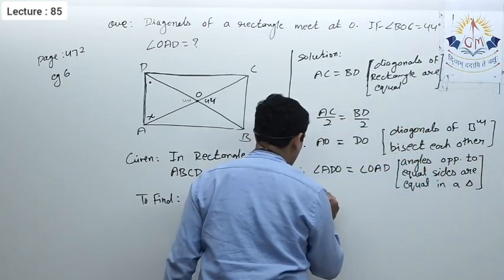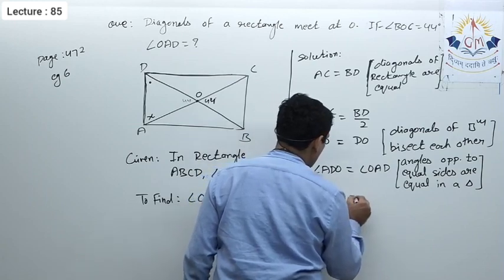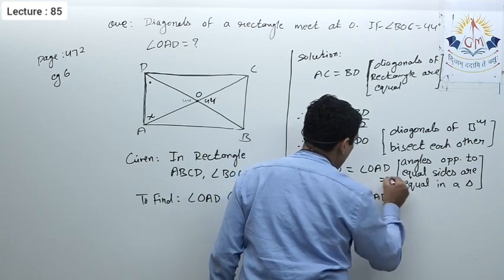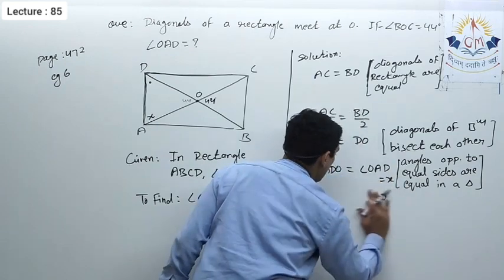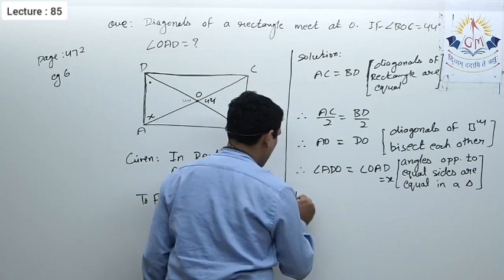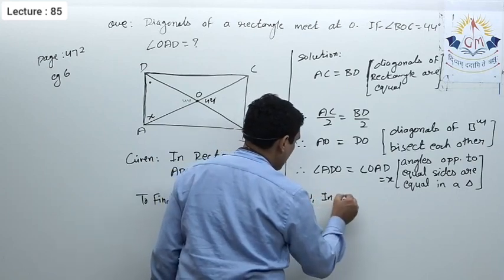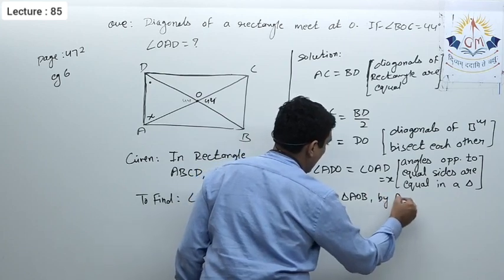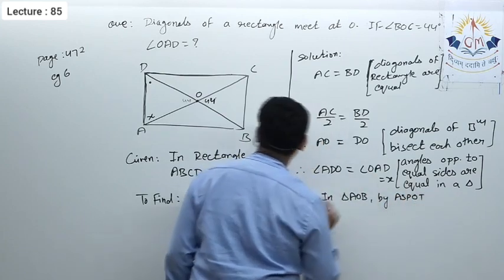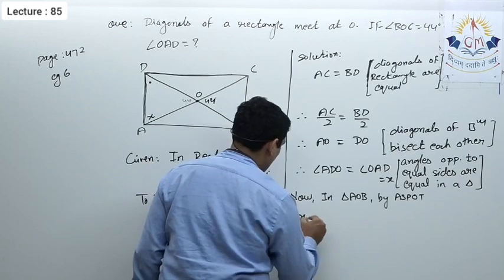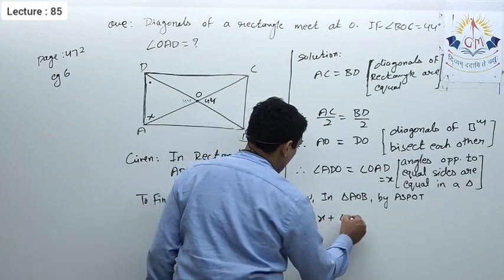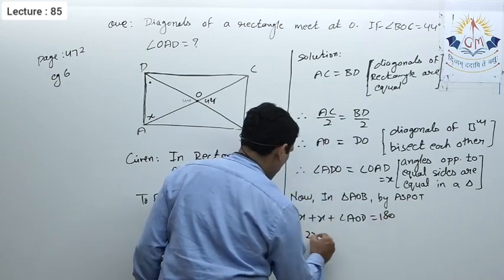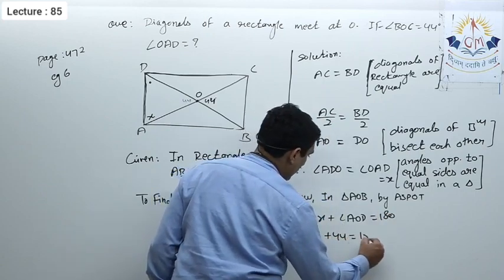Therefore I can say angle ADO is equal to angle OAD, here I can write also x, they are equal. Now in triangle AOD, by the angle sum property of a triangle, I can write x plus x plus AOD is equal to 180. Therefore 2x plus 44 is equal to 180.